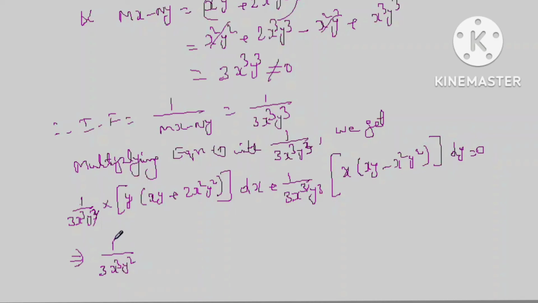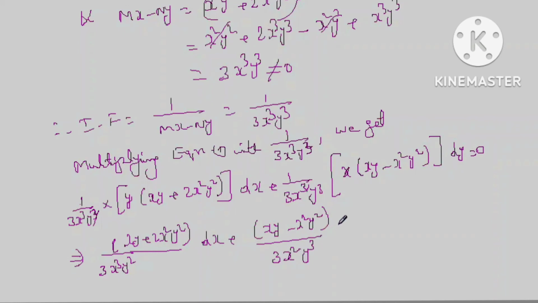In the numerator we will have xy plus 2x square y square dx plus, in the numerator after this gets cancelled out, what remains? xy minus x square y square. In the denominator we have 3x square y cube, and this is dy is equal to 0. Let us call this equation 2.